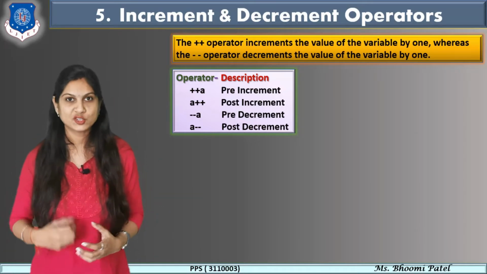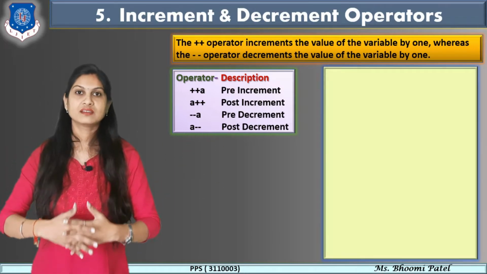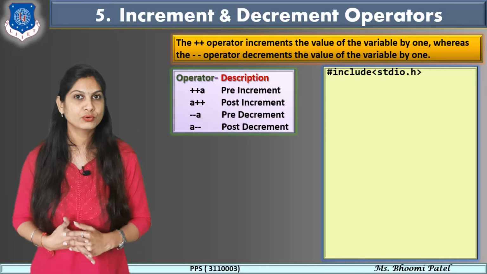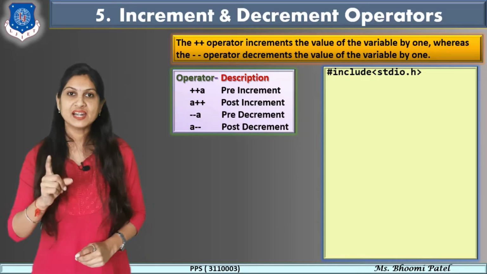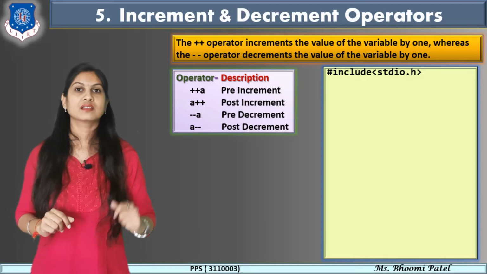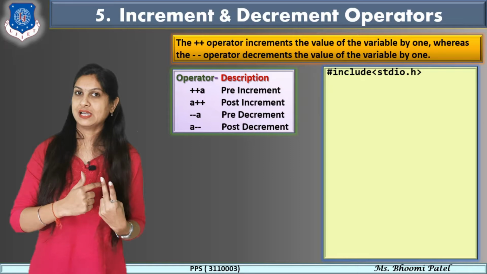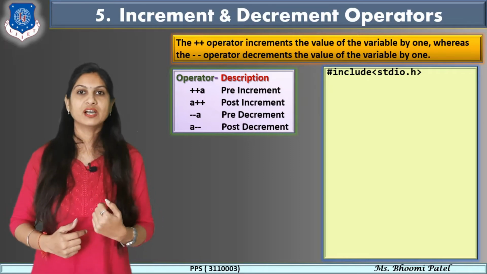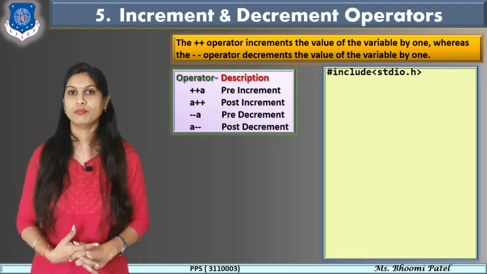Now how it is actually working, see in our example. This operator is also known as a unary operator. Why? Because here the operand needed is only 1, but an arithmetic operator is binary because it requires two values. Here it requires only 1. So we can say increment and decrement operators are unary operators.